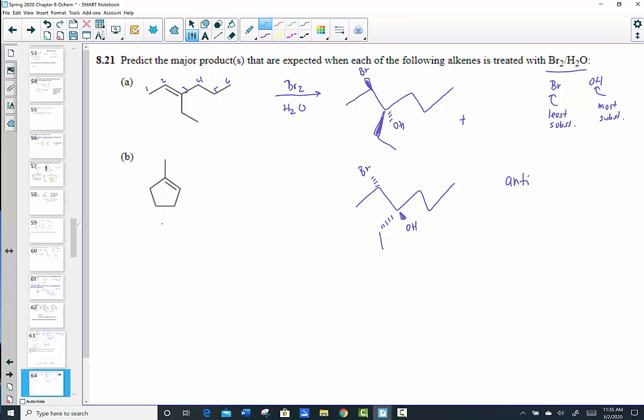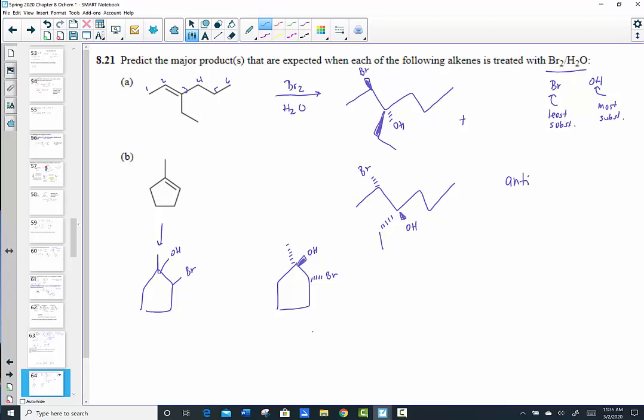In letter B, the double bond here, the hydroxyl group adds to the most substituted carbon, the bromine adds to the least substituted carbon. Then consider stereo outcomes. So in the first carbon, let's make the hydroxyl a wedge, so the methyl will be a dash, and therefore next door the bromine would be the dash.